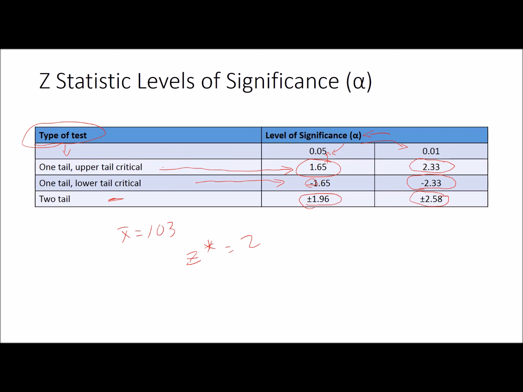Now, we didn't set the level of significance or the alpha level, but let's take a look. It was a one-tail, upper tail critical. So this is the one we're looking at. If we set it at 0.05 with a z-score of 2, we would have significance. If it were set at 1% or 0.01 with a z-score of 2, we would not have significance.